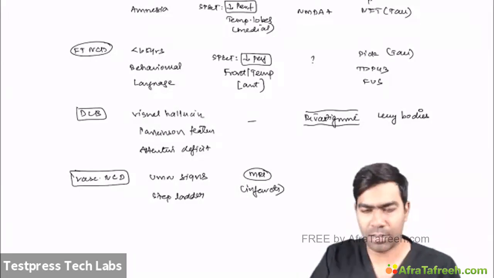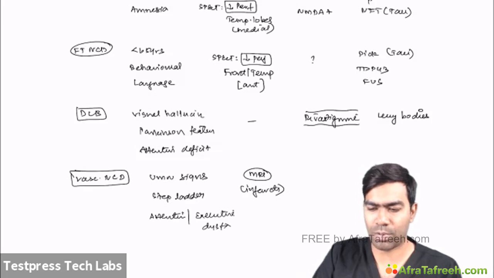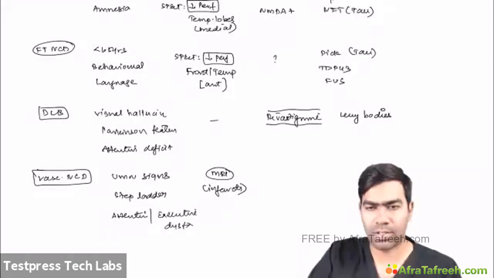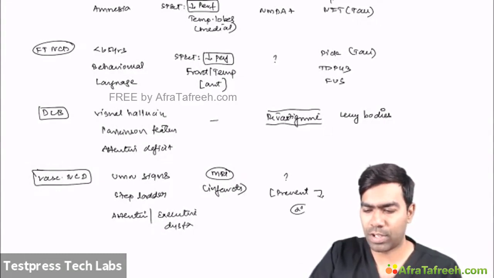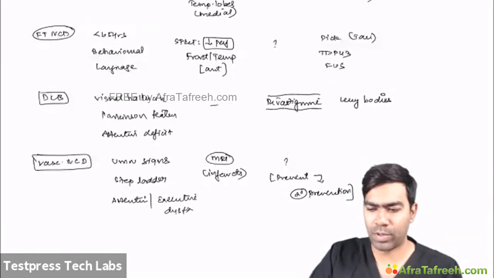And again here, memory loss will not be a problem. The main problem will be attention and executive dysfunction. That's going to be the most important problem. And treatment-wise, you can try drugs, but prevent further strokes by giving a good secondary prevention, like clopidogrel, aspirin, and all this stuff. And possibly no inclusion bodies here.